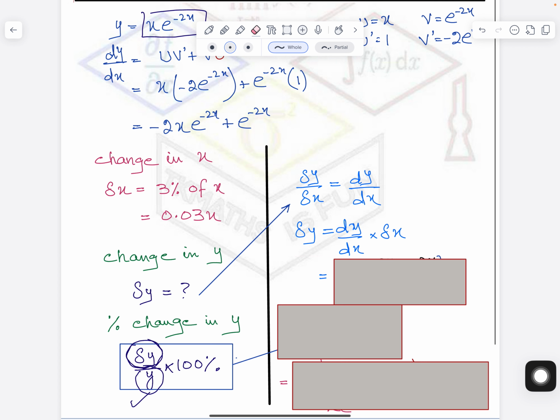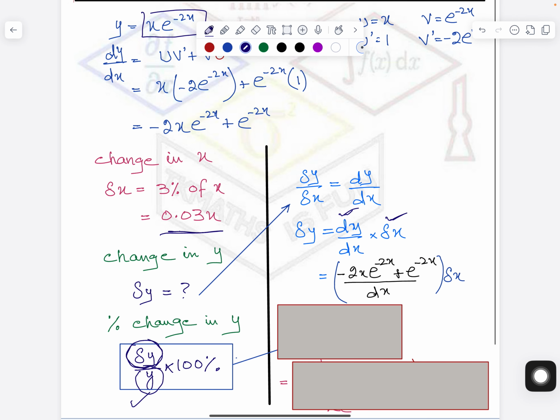Now I will substitute here dy over dx, and delta x is 0.03x. So I'm going to substitute these values here. I don't know the value of x, so I will keep that x as it is.